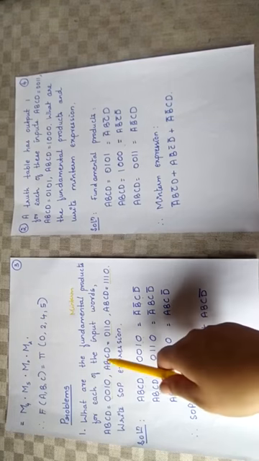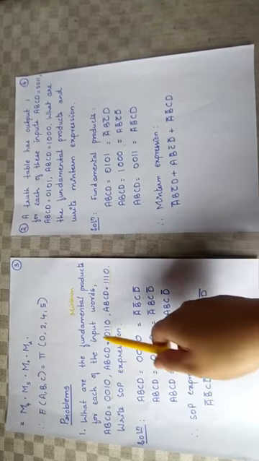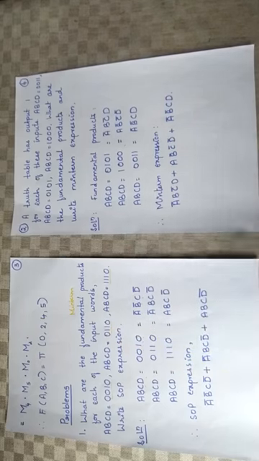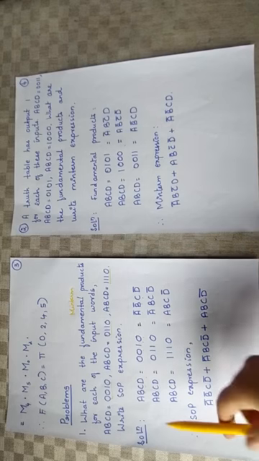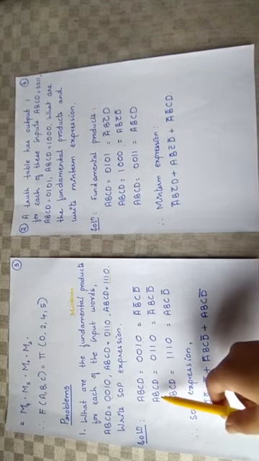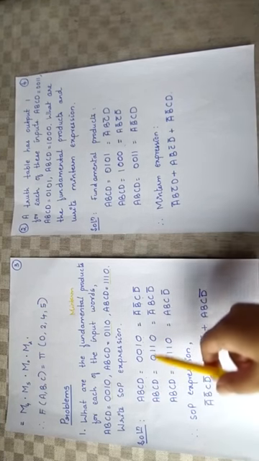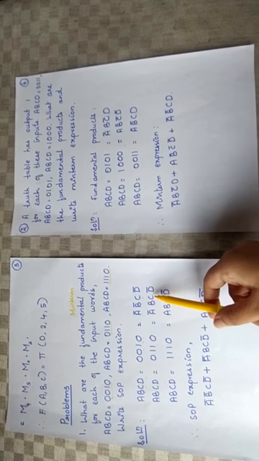Okay. Let's take the next one, A, B, C, D with the value 0, 1, 1, 0. Now we have to write the min term for it. A is holding the value 0, so it will be A complement. B is holding value 1, so it will be B as it is. C is holding value 1, it will be kept as it is.